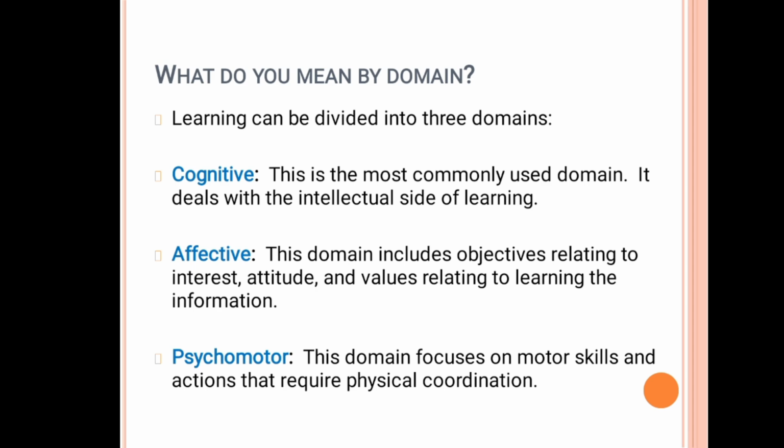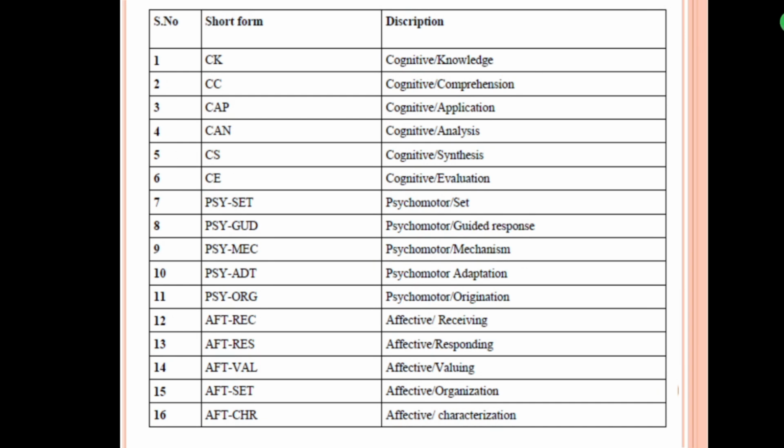And third is psychomotor. This domain focuses on motor skills and actions that require physical coordination. So you can see the list here. Anything will come under these three domains only. So in front of one topic, any domain can be mentioned.